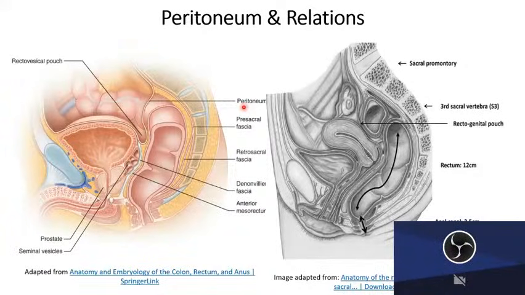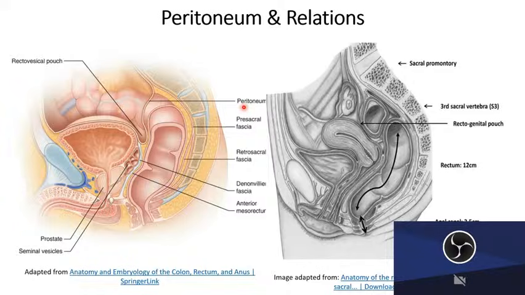If you have the time, you can quickly have a look at the peritoneum, because it's a very important part of the abdomen, since most of the viscera are within the peritoneum.